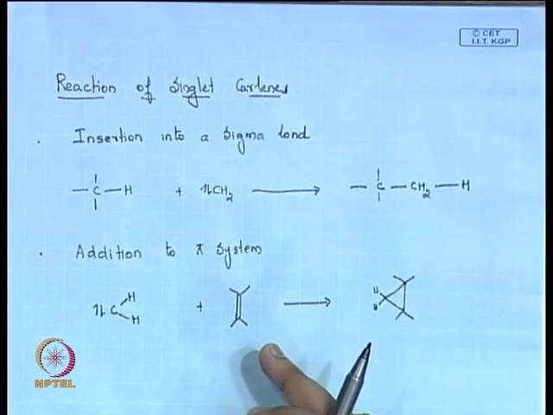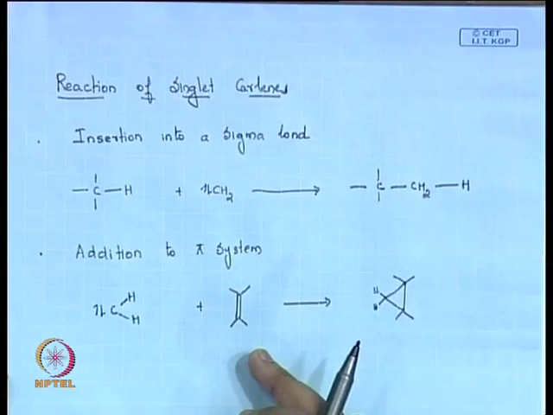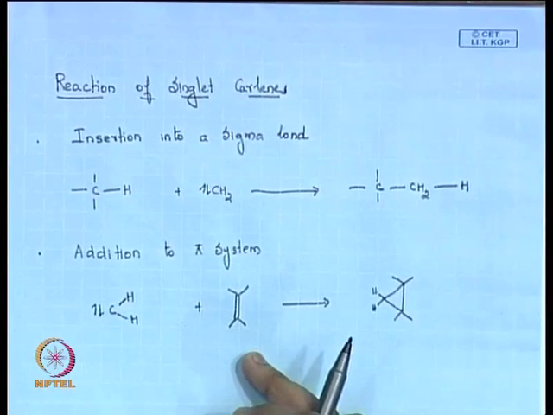Why is insertion into a sigma bond much more used, like nitrene, which is used a lot? It is very famous, insertion into a sigma bond. Why? Any idea? That reaction has become very catchy nowadays, because you can insert into peptides.